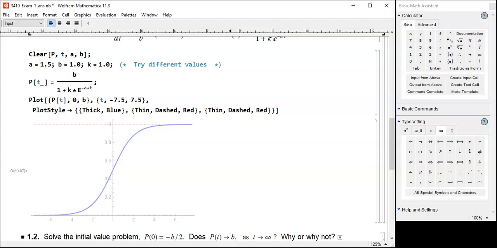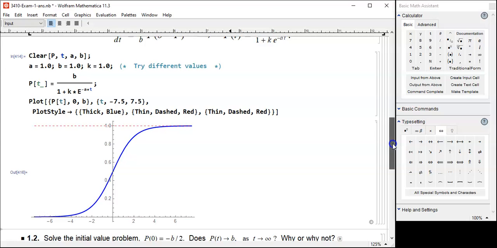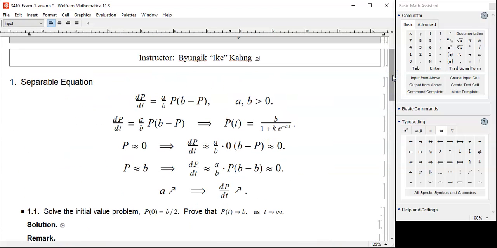And let's go to 1.5. You can see faster growth. Let's go to 2.5, even faster growth. You see, A is related to how quickly a certain disease is spreading out, or how quickly a certain rumor, like fake news, is spreading out in social media, and so on and so forth.